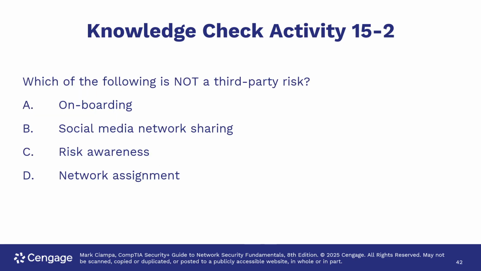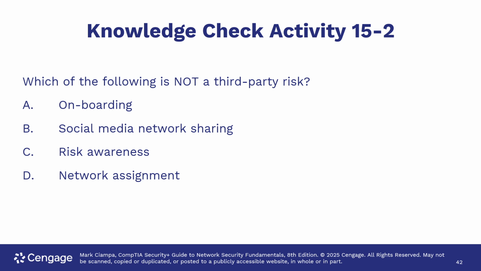Okay, here's our knowledge check activity number 2. Which of the following is not a third-party risk? Onboarding, social media network sharing, risk awareness, and network assignment. Remember, we just talked about that. We mentioned the different things that are third-party risks.